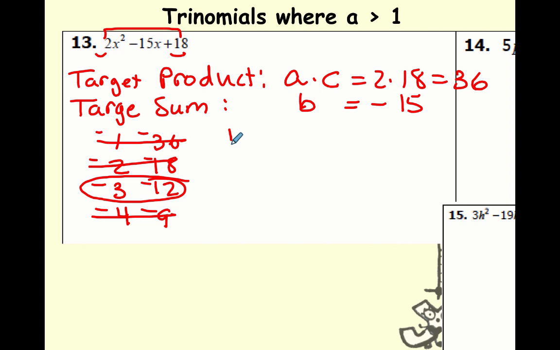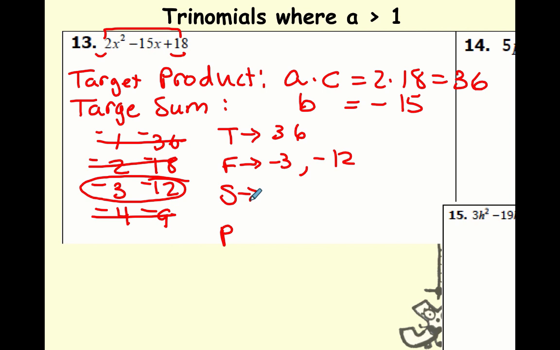So this one is target, factor, split, pull out. And I like to use a box to do the pulling out, and I'll show you how to do it. Okay, so we already figured out our target was 36. The two factors we needed were negative 3 and negative 12, and here's our split.